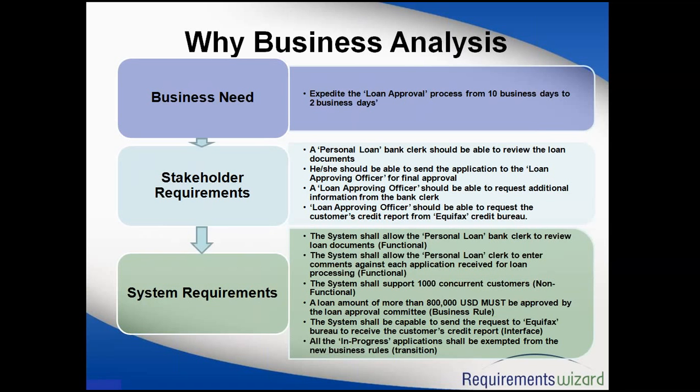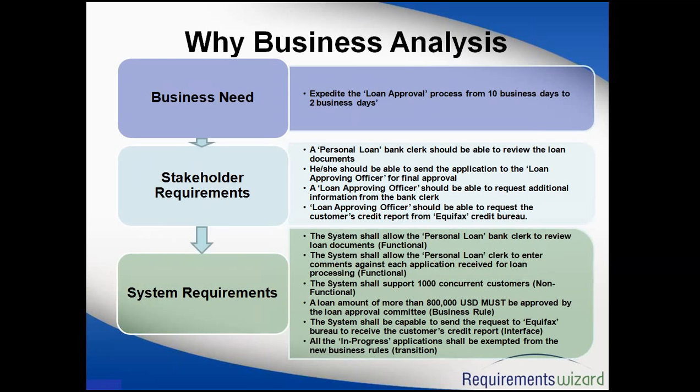So in this case, we are saying the system shall be capable to send the request to Equifax Bureau in order to receive the customer's credit report. Right? So here the stakeholder, the loan approving officer, just told you that, I need some sort of mechanism where I can get the report from the bureau.